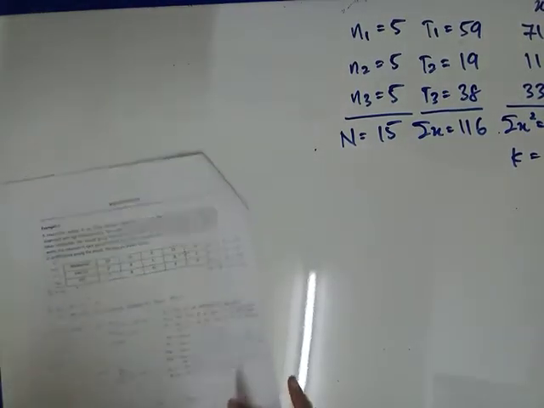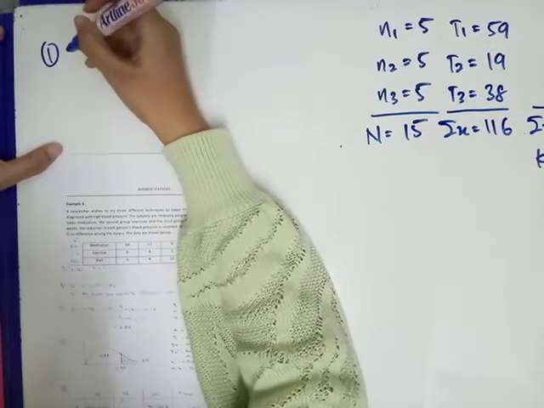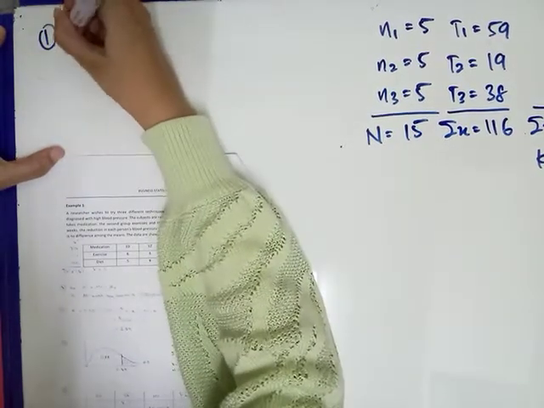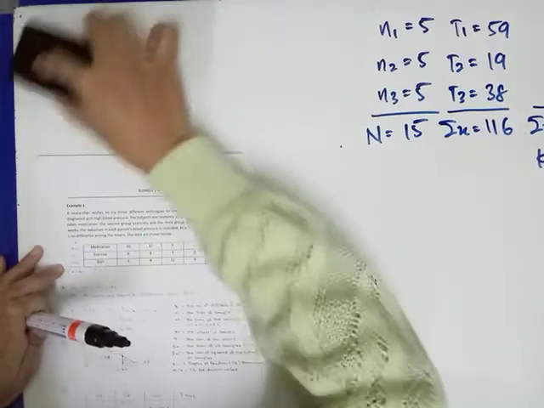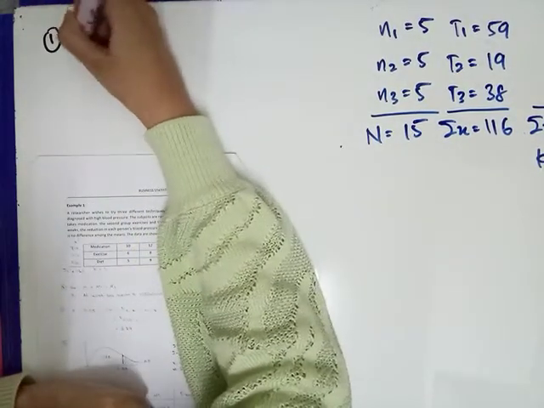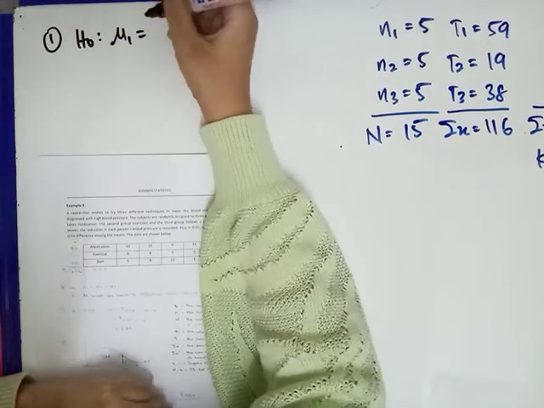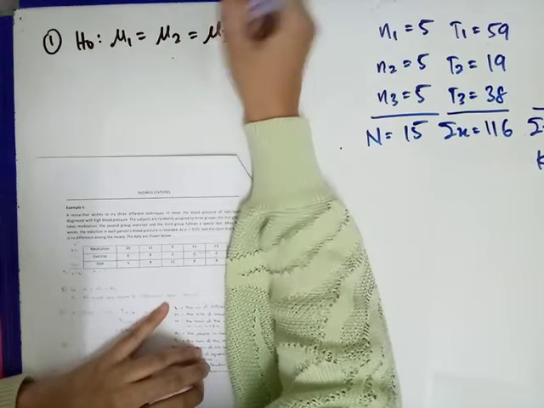Okay, and then the first step, you need to let the H0 be mean 1 equal mean 2 equal mean 3.